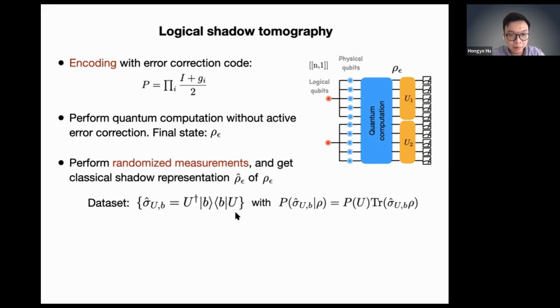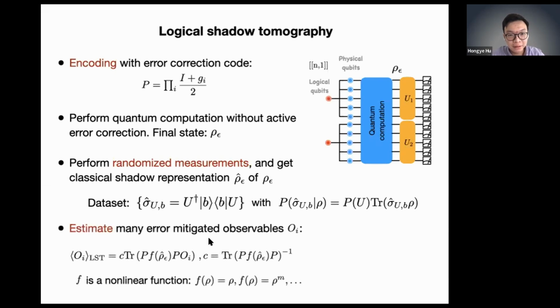With some measurements, we have a set of stabilizer states, and they are the classical shadow representation of rho epsilon. On the classical computer, we can then efficiently project this rho back to the logical subspace and predict the error-mitigated linear property O.